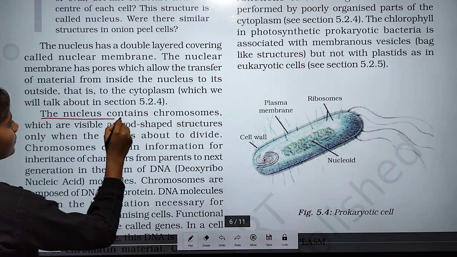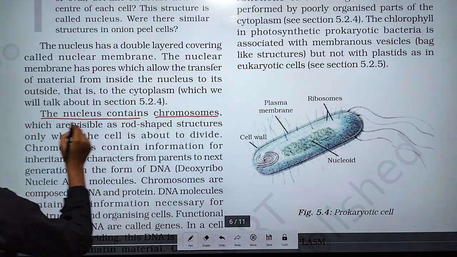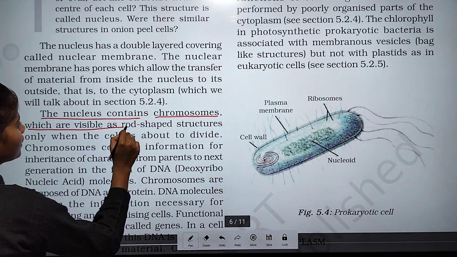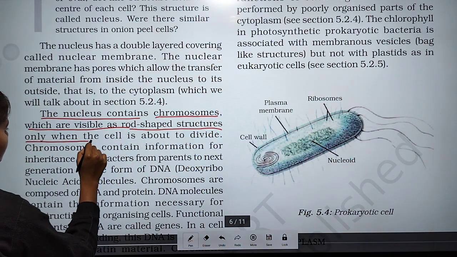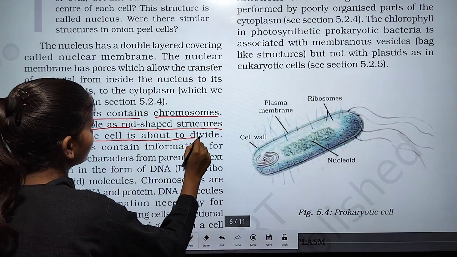The nucleus contains chromosomes, which are visible as a rod-shaped structure only when the cell is about to divide.